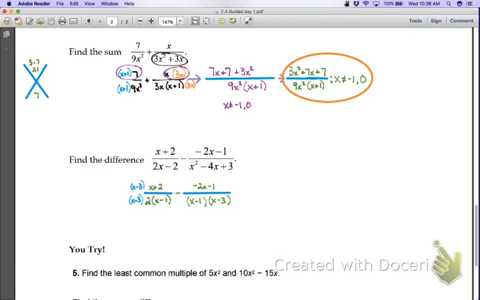A 2. So a 2 and a 2. So then my denominator I'm going to leave as 2 times x minus 1 and x minus 3.